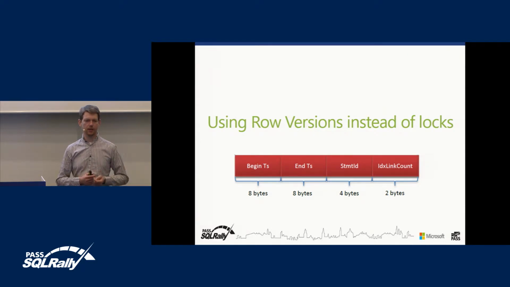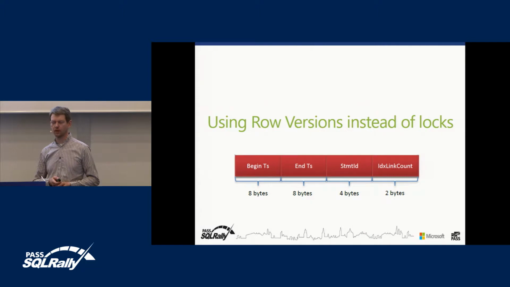A transaction that has a start after the update will not see the old row because it has a timestamp that's after the end timestamp. It will see the new row because that has a begin timestamp that's earlier than that. So that way we are not locking our data. We can insert, we can update, we can read, we can do everything at the same time. And that's also what kind of gives us a performance boost.